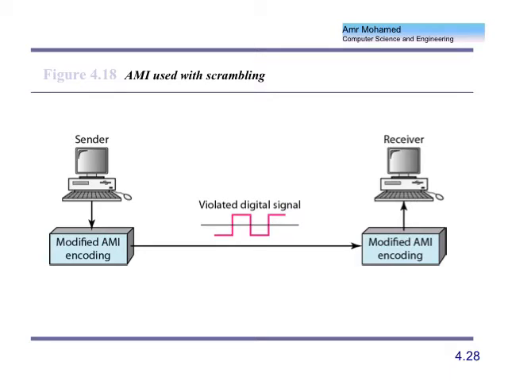So what we need to do is to complement AMI with scrambling, particularly to get all the consecutive zeros and then replace them in such a way that's agreed upon between the sender and the receiver, and in such a way that does not actually confuse the decoding, right?